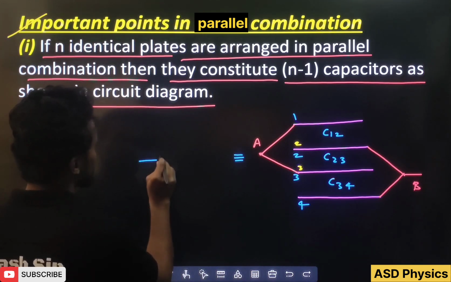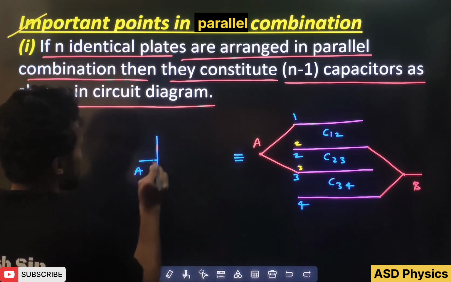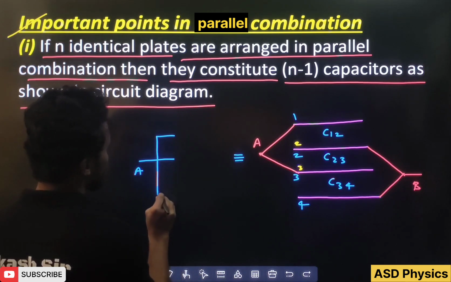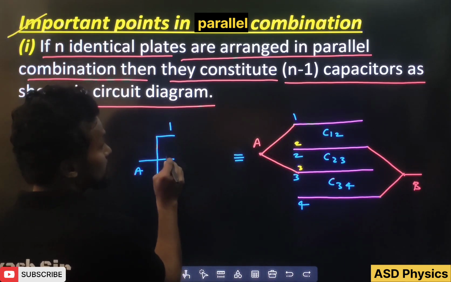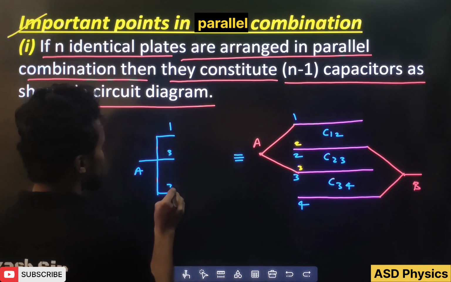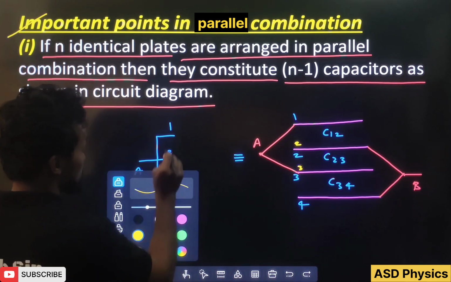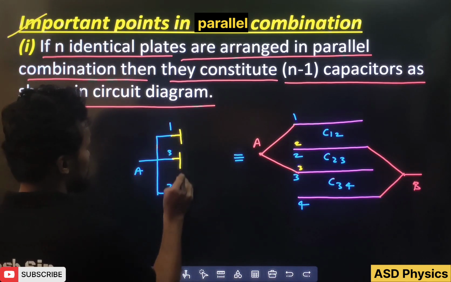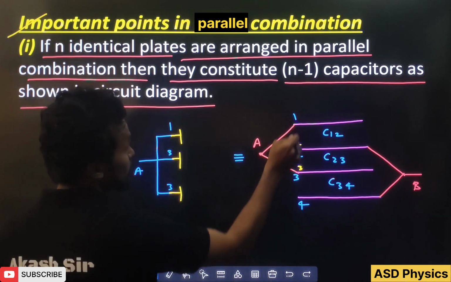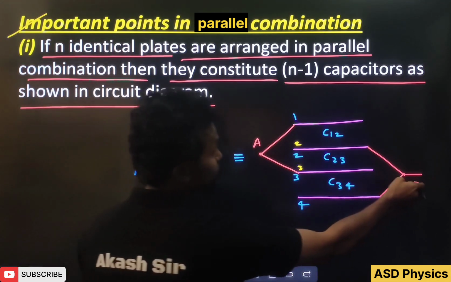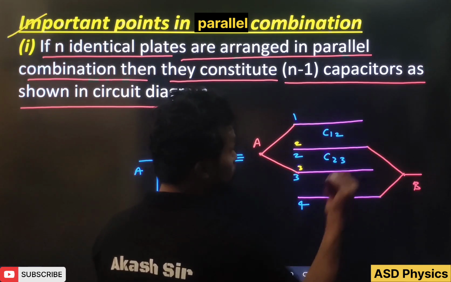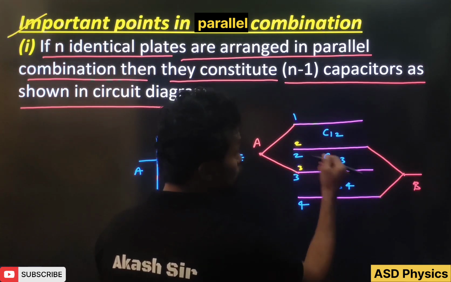So what will happen here, students? We just have to draw the equivalent diagram. This is A. You can see very well from A, how many capacitors are going? This is 1, then 3, then 3 here. And let's take the plates here. Now you can see very well, A is connected to 1, 3, 3. Next, B is connected to 2, 2, and 4.